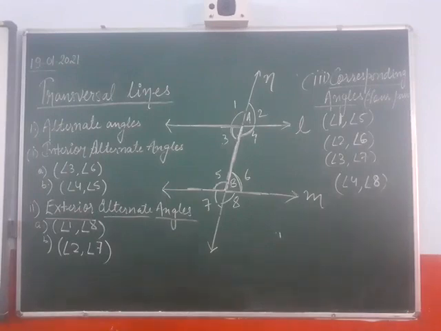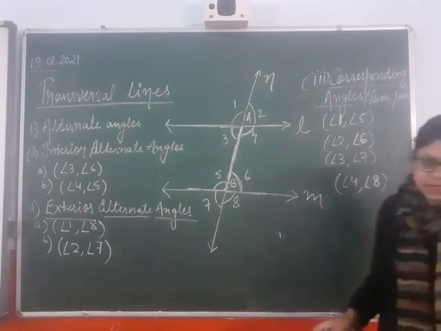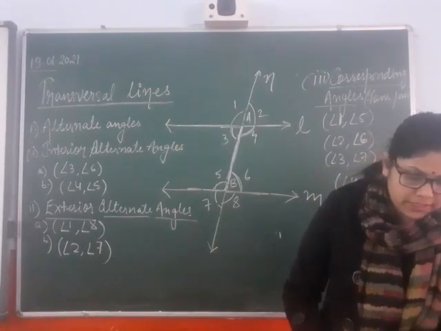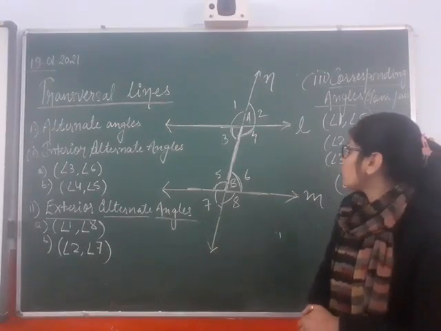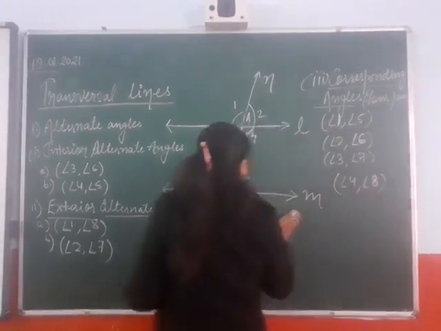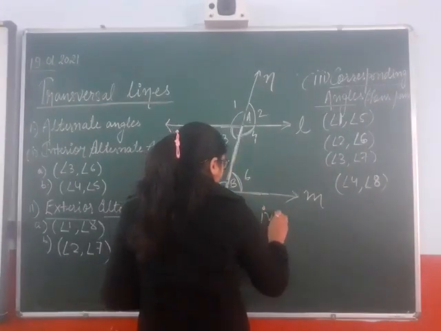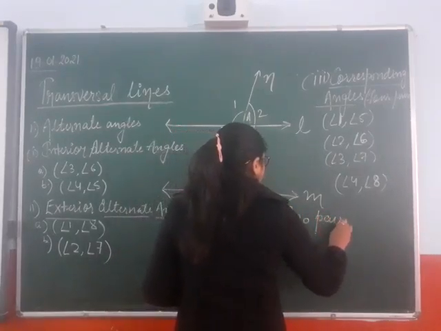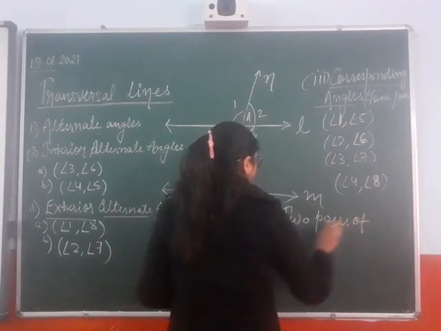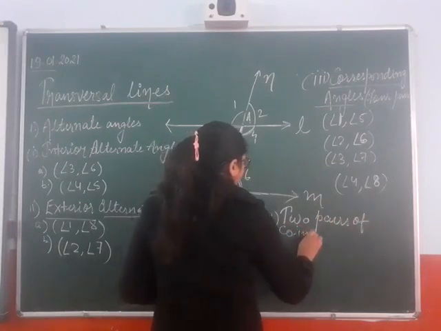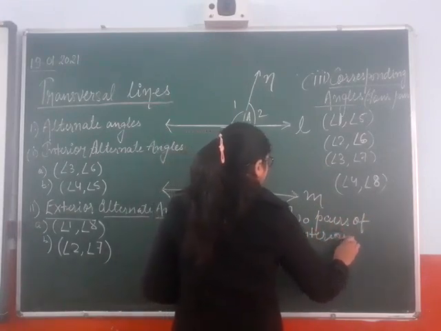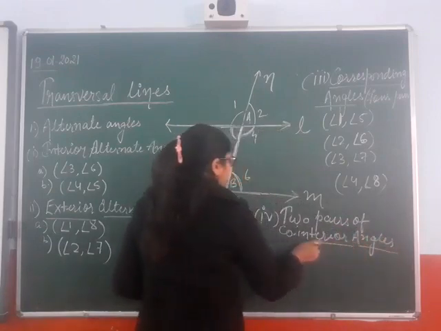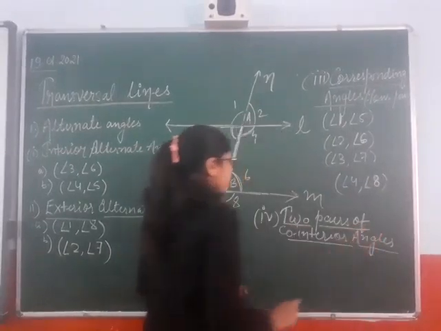Then we will study the next topic, that is co-interior angles. What are the co-interior angles? We will get 2 pairs of co-interior angles. I will write here. 2 pairs of co-interior angles we will get.